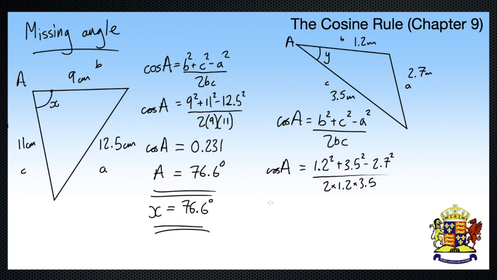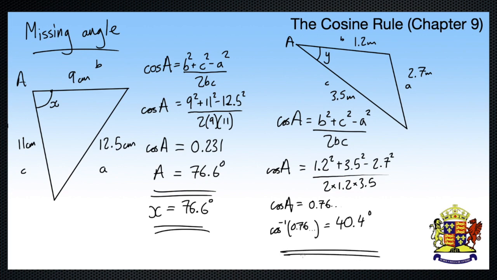I get cos A equals 0.76... Therefore, cos to the minus 1 of that answer gives me 40.4 degrees. Okay, so that's how you find the angle.